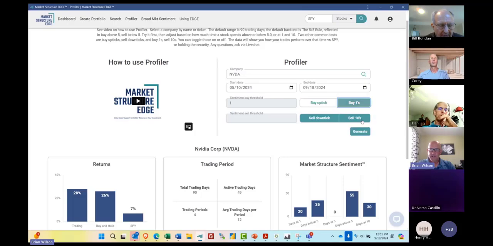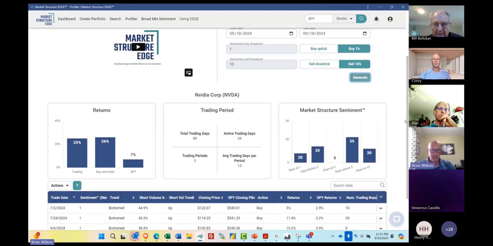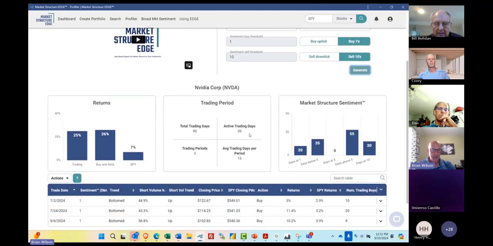Lastly, buying ones, selling tens. I don't think that happens very often during this period, but you can see active trading days 39. I mean, fairly similar to buy and hold, but you accomplish that in only 39 trading days. Now, what this does not incorporate, you'll see there's no supply here, right?